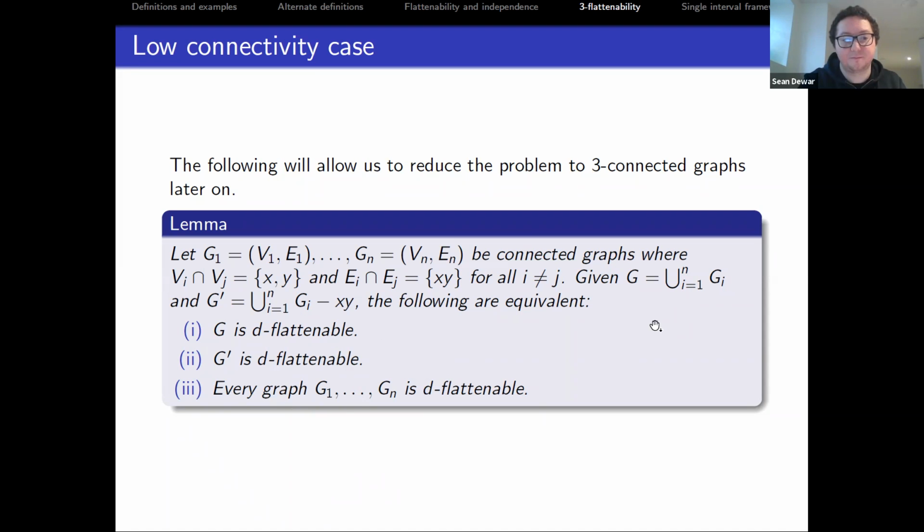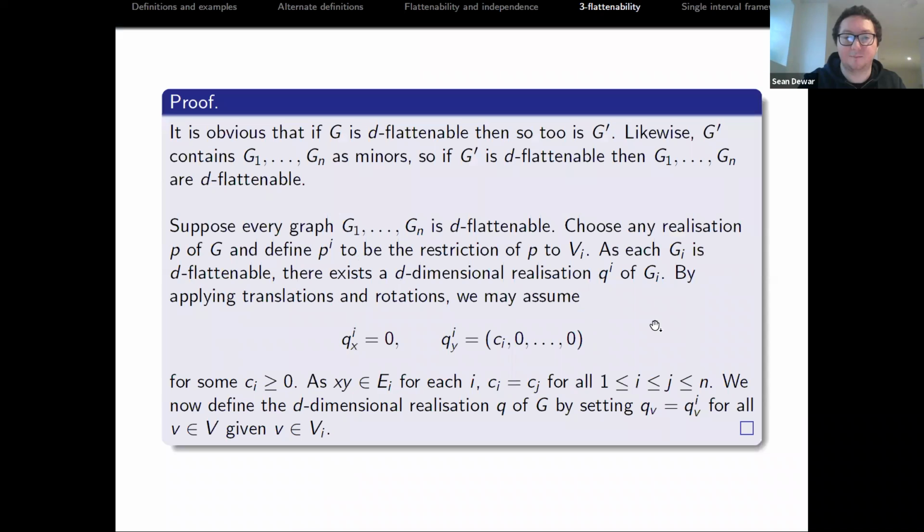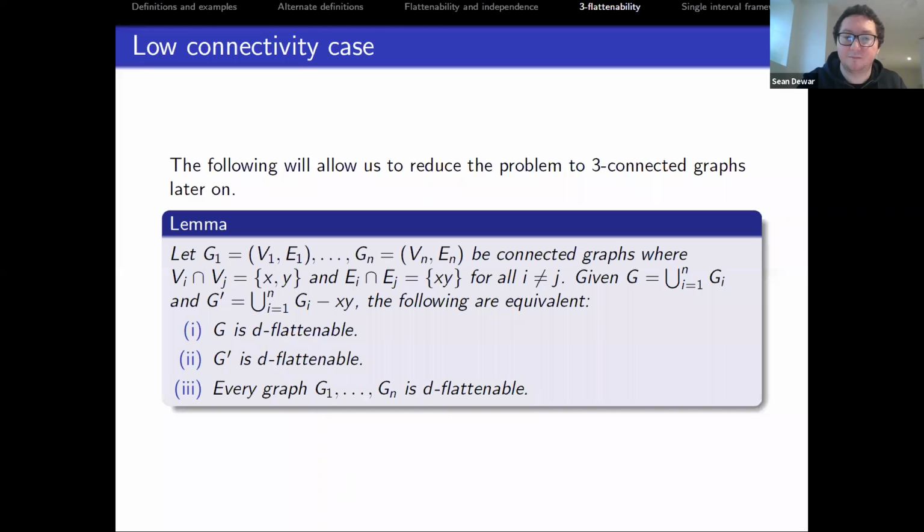Yeah. Because I don't think 2's even, so where does it go wrong? No, it's still fine. Because G dash is still not 2 flattenable in that case.